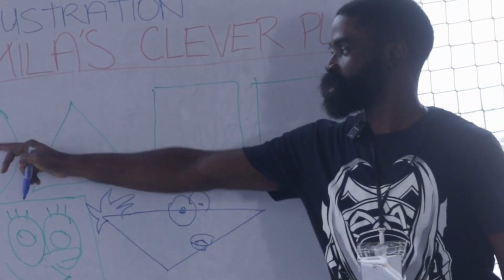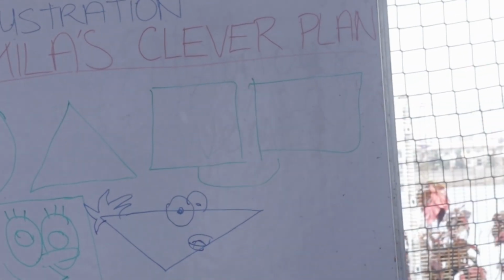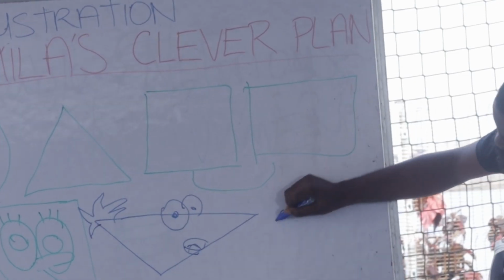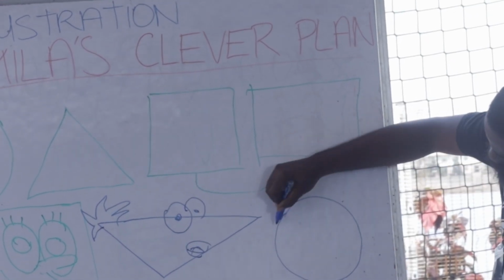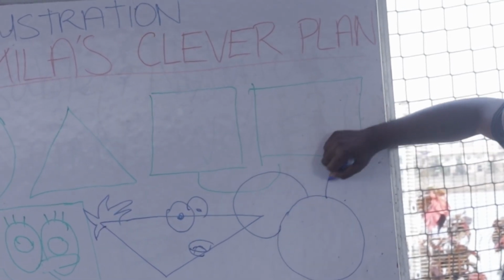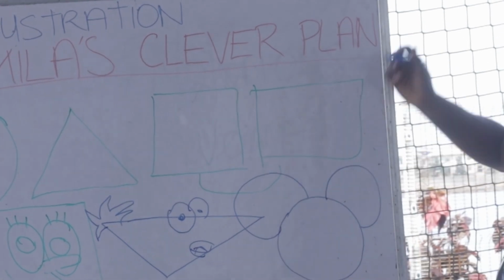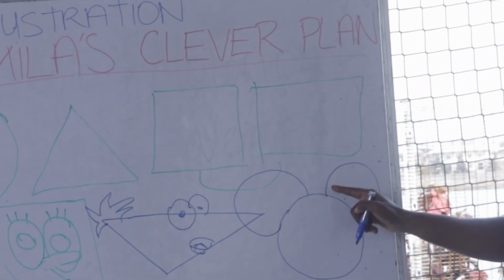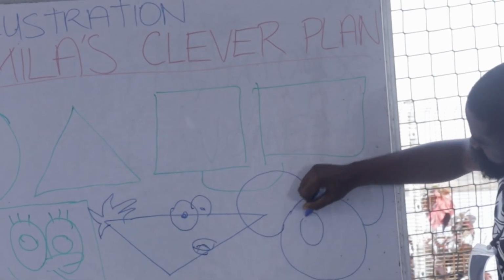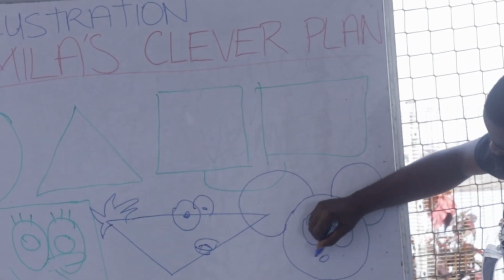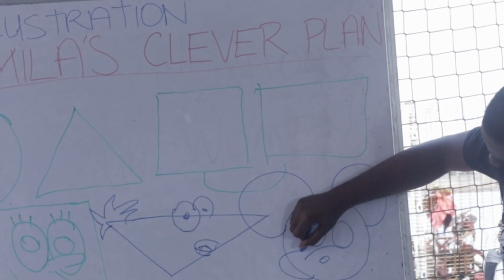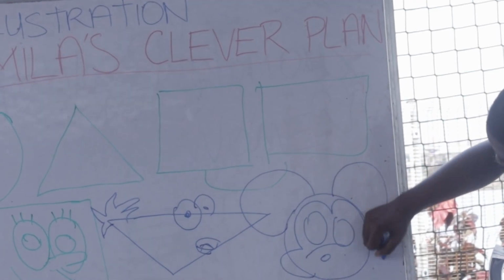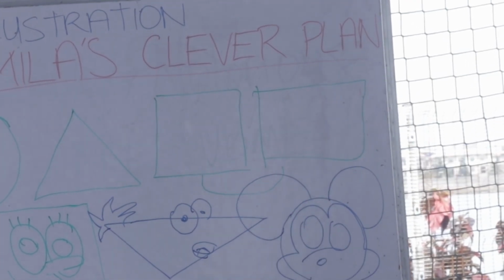And for the circle, you probably know this character. 1, 2, 3. Mickey Mouse. So Mickey Mouse is essentially this, and then more of that, and that's Mickey Mouse.